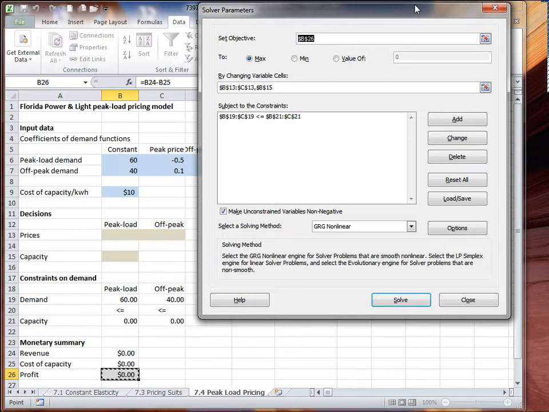Now, should I also go with the multi-start option? Well, I think I can. The problem that I've got is, I can certainly put bounds on capacity.